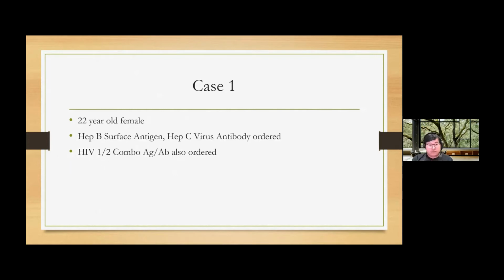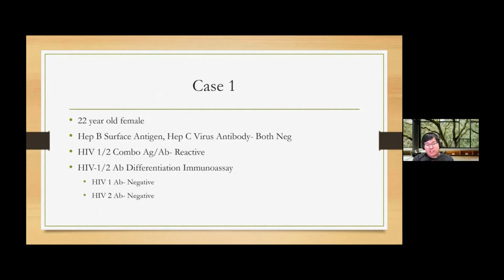So case 1. We have a 22-year-old female, and they ordered a Hep B surface antigen, a Hep C virus antibody, and an HIV 1-2 combo antigen antibody test. Both the Hep B and Hep C tests came back negative, but the HIV 1-2 combo antigen antibody test came back reactive.